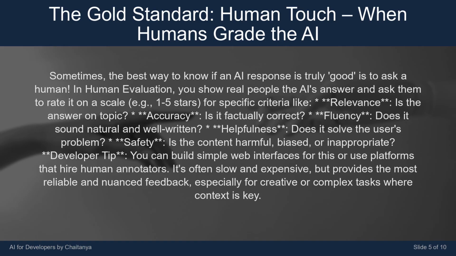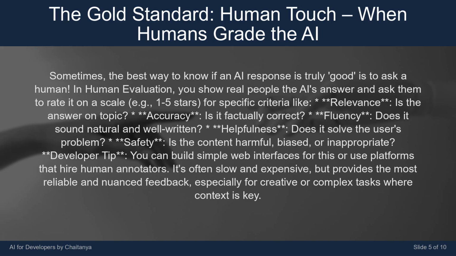Does it sound natural and well written? Helpfulness. Does it solve the user's problem? Safety. Is the content harmful, biased, or inappropriate? Developer tip: you can build simple web interfaces for this or use platforms that hire human annotators. It's often slow and expensive, but provides the most reliable and nuanced feedback, especially for creative or complex tasks where context is key.